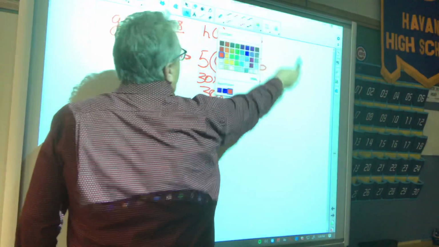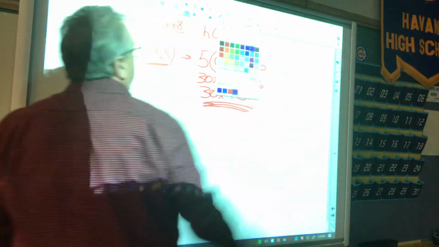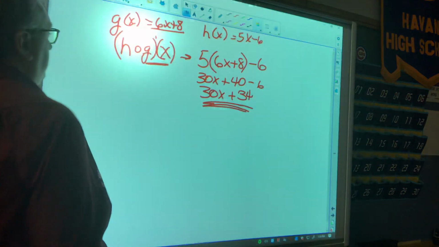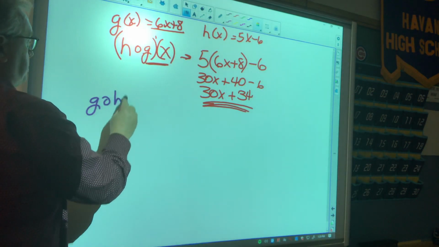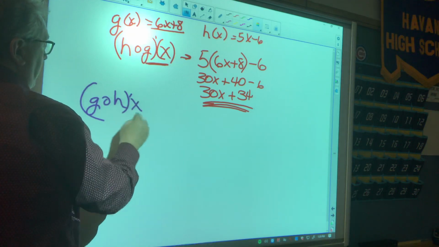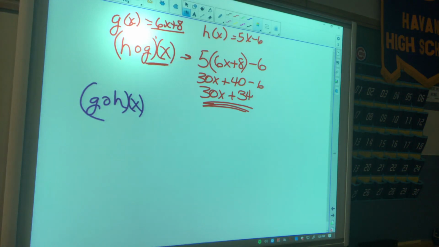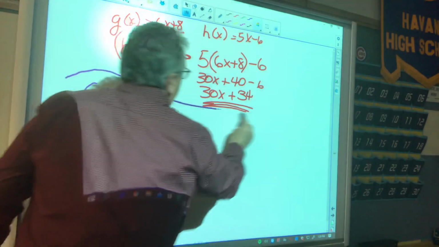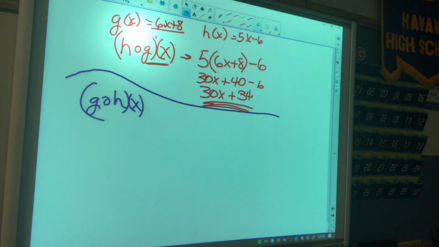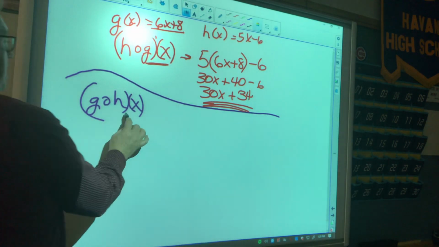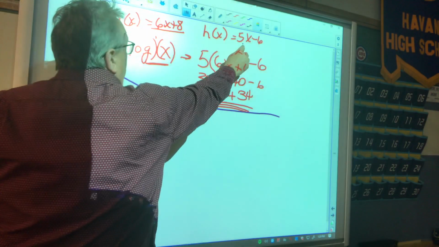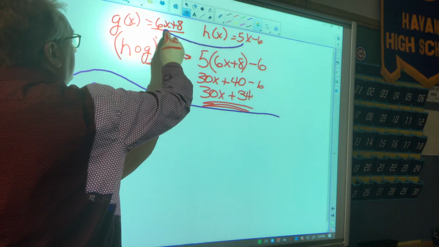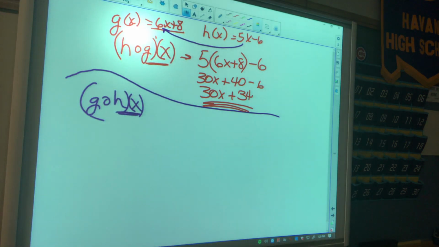Now, let's take a look at g of h of x. So something different. We're going to switch them around. So we want to take our h of x, which is 5x minus 6, and we're going to put it into 6x plus 8.